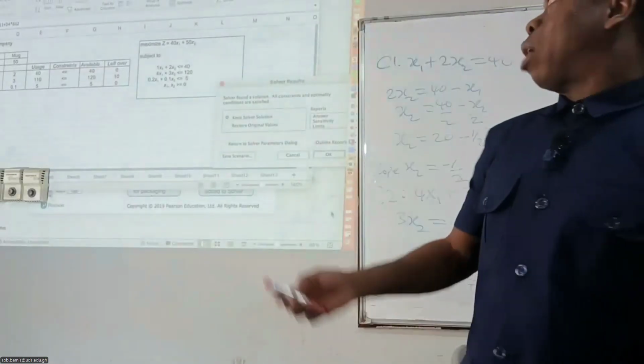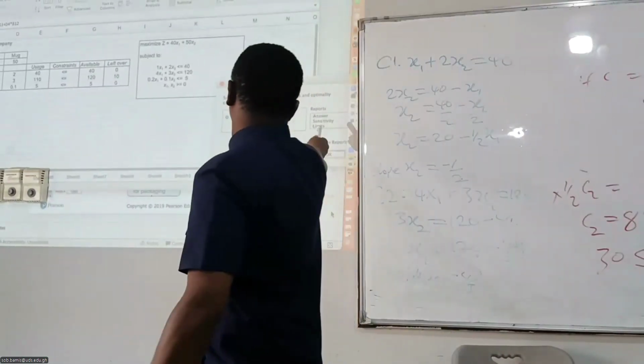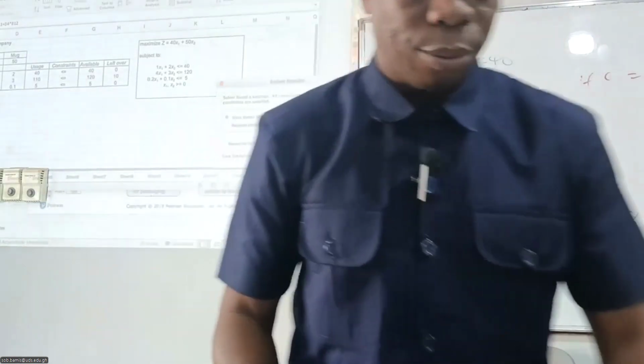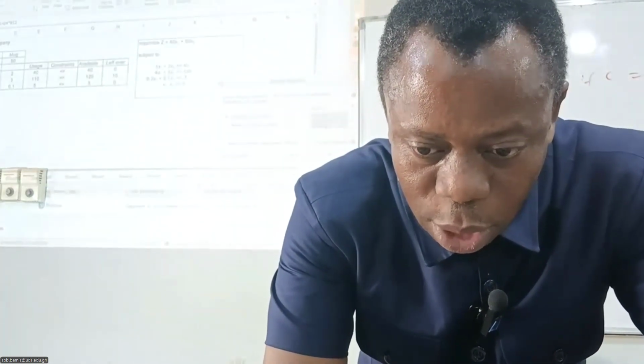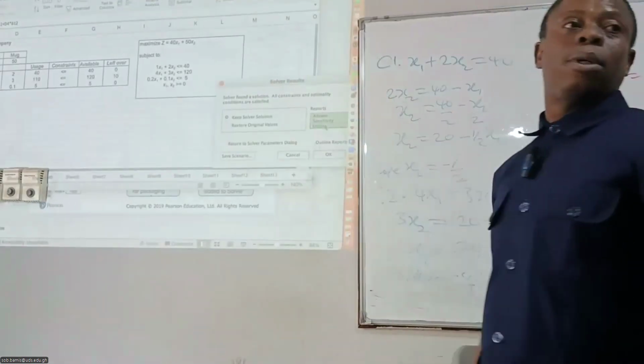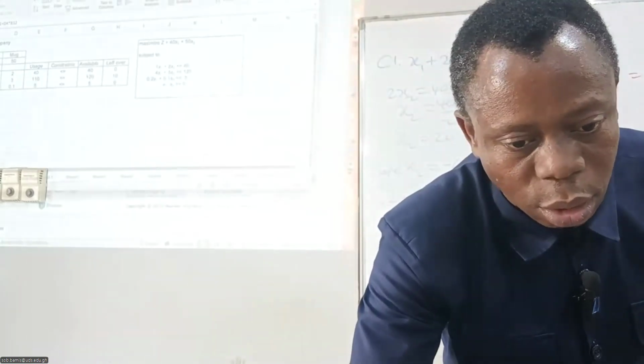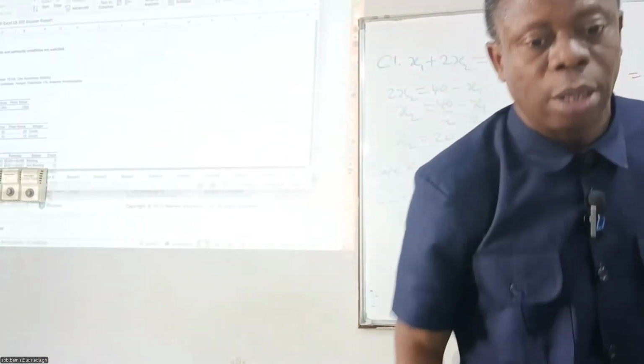Now, when I click solve, once again, it asks whether I want all these reports. So I select which ones I want. Okay, so if you are like me, you want all the reports. So you click them, select them, okay, and OK. You see answer report 1.